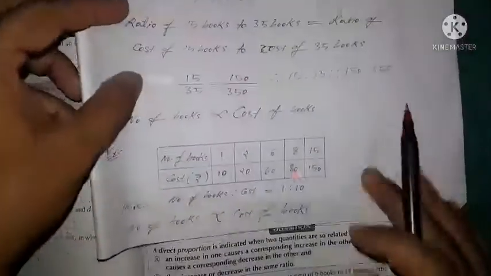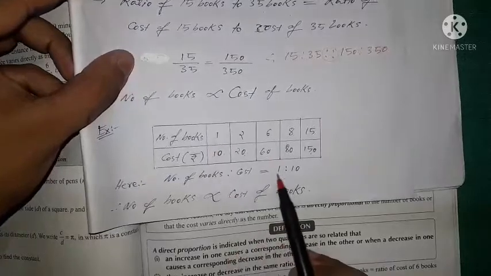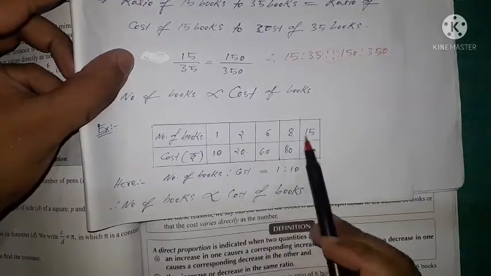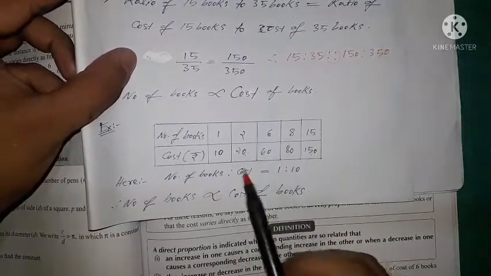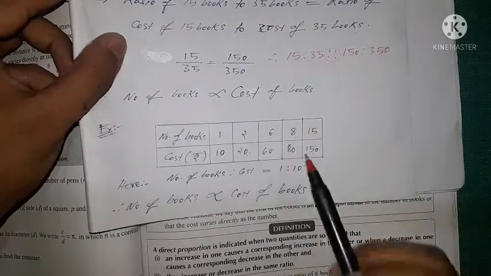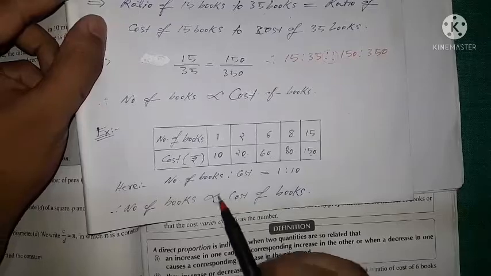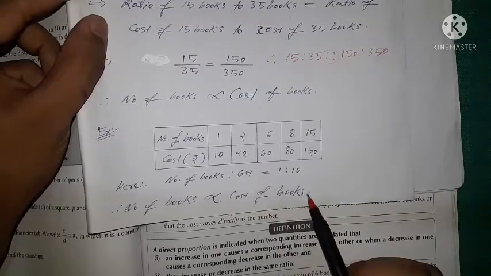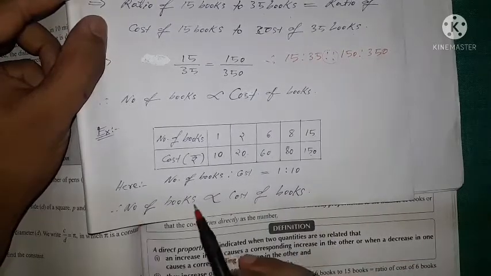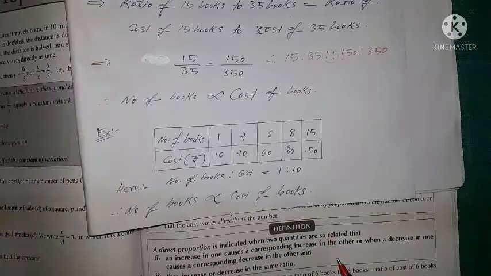Here we divided the first by the second and got one constant value, 1/10, in all the cases. So they are in direct variation. Ultimately we can conclude that the number of books is directly proportional to the cost of the books.